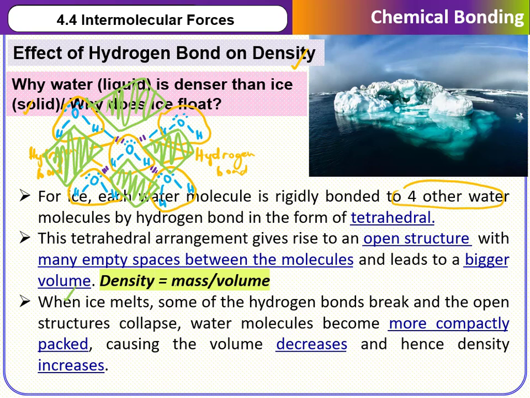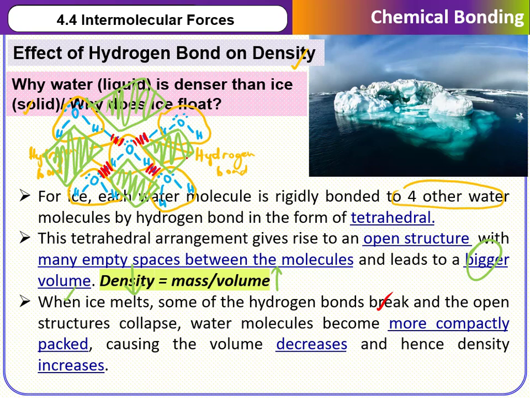We know that density is equal to mass per volume. So what happens when the volume is bigger? Density will be low. So when ice melts, what happens? Some of the hydrogen bonds will break. When ice melts, some of these hydrogen bonds will break.